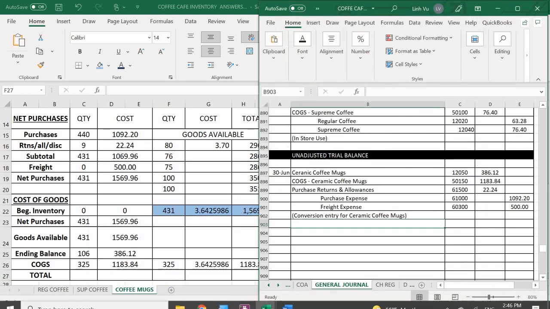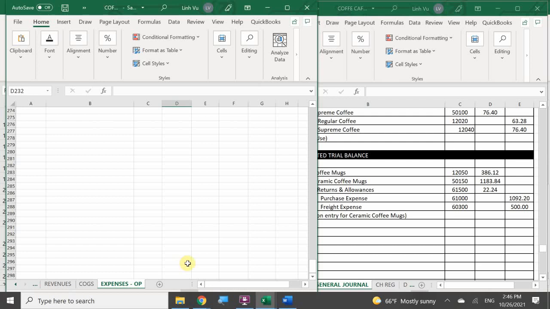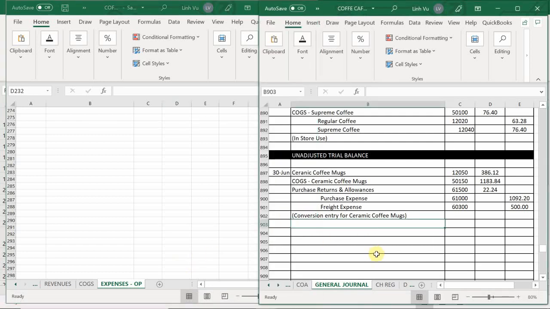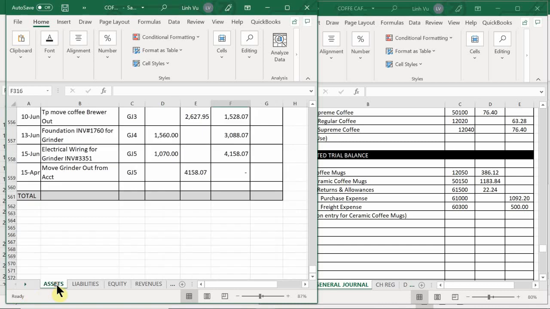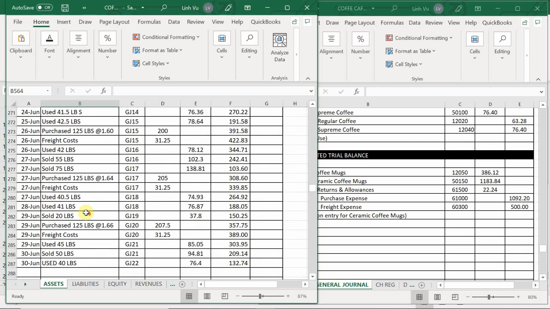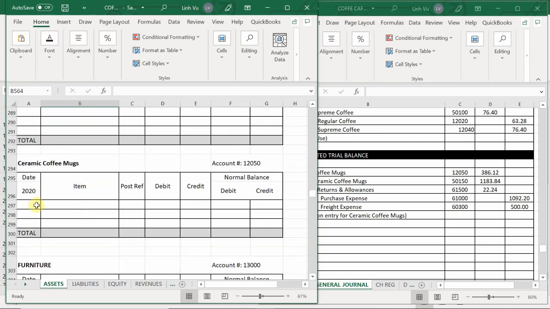So here's my journal. So what do I do after the journal? The ledger. So in this case, in the ledger, I'm going to go to ceramic coffee mugs. Okay, so under inventory, here we are, ceramic coffee mugs.